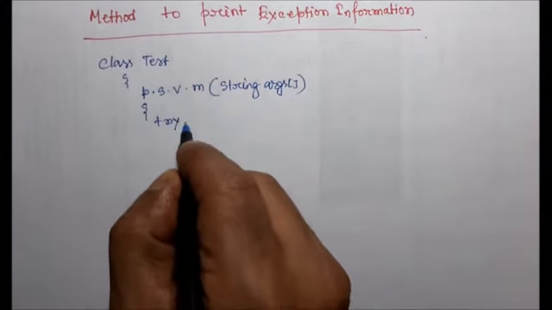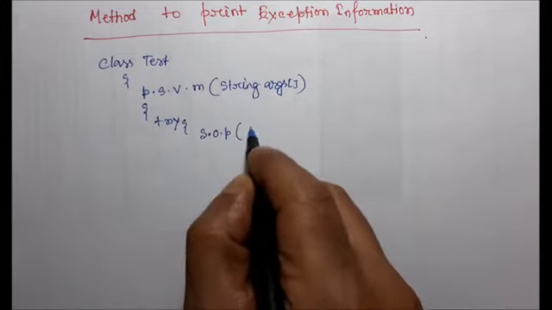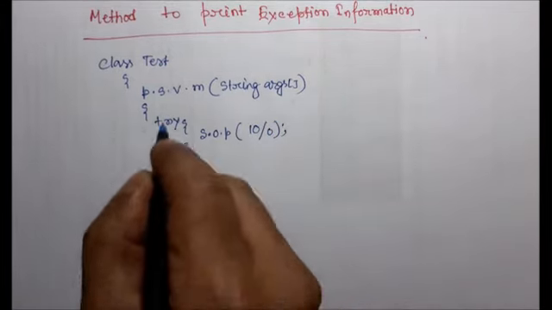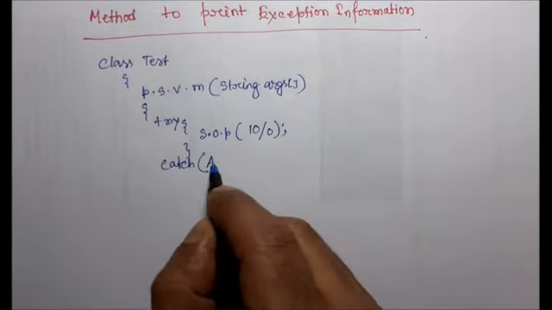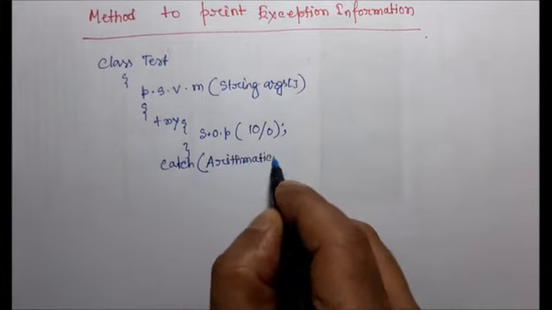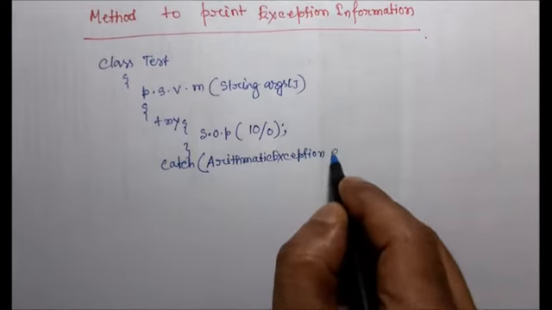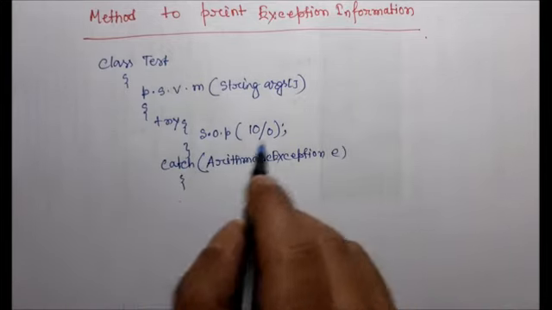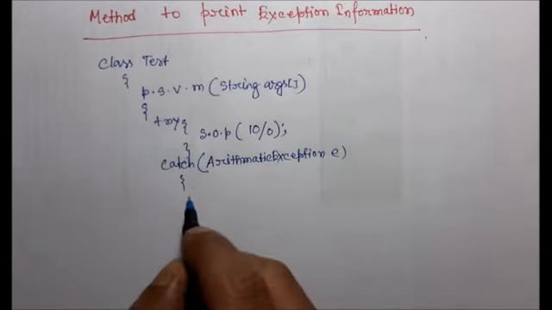Within try, only one statement for simplicity, System.out.println(10/0), and we handle it by using a catch block: catch ArithmeticException e. Any exception that arises here will be handled by this catch block, and within it I am just taking one of the methods.